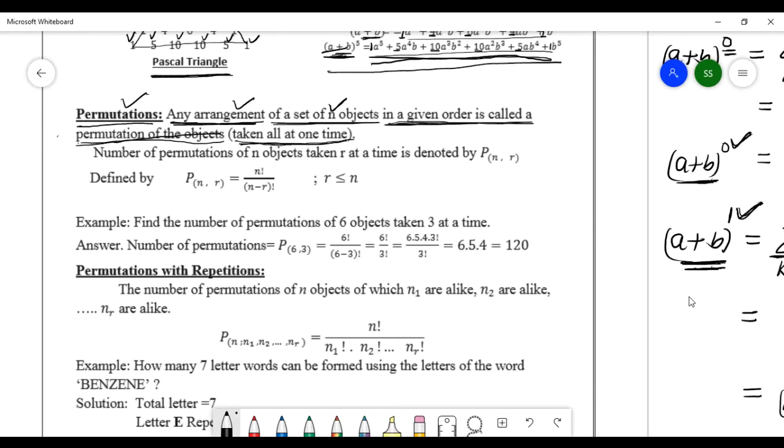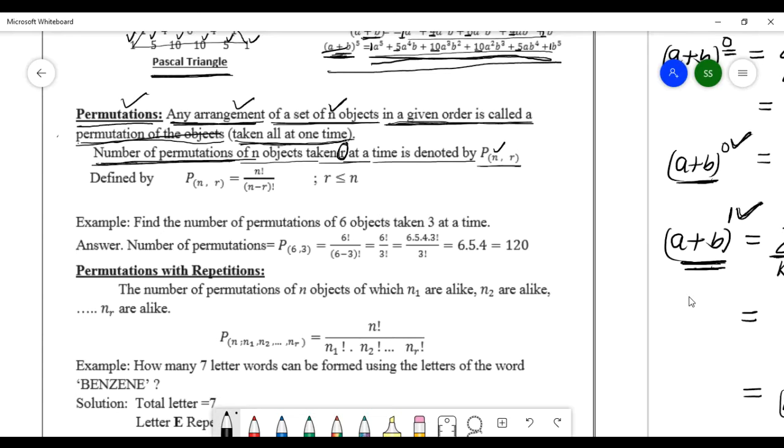So see the formula. The number of permutations, meaning the number of ways, of n objects taken r at a time is denoted by P(n, r). Suppose the total objects are n, and you take r of them and arrange them. How many ways?